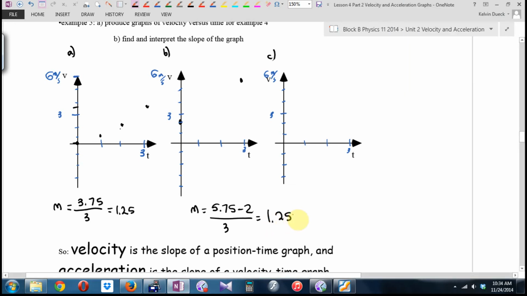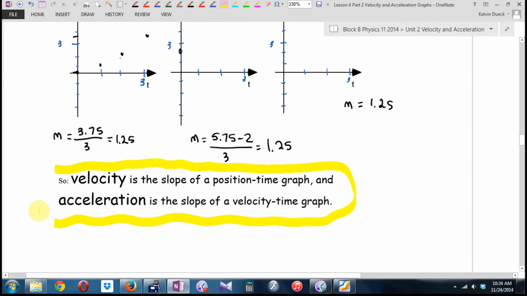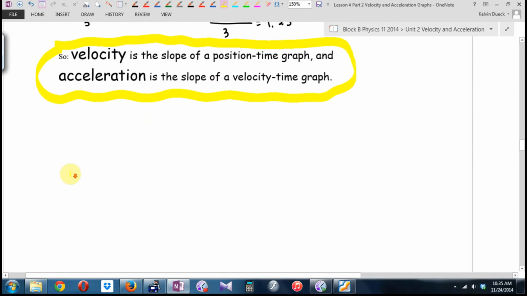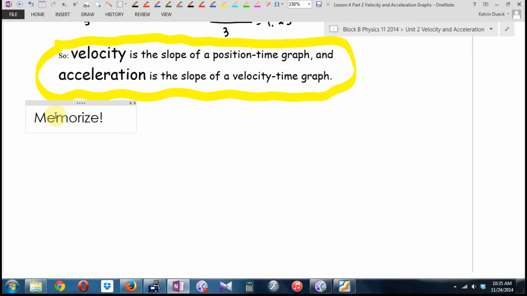We're not going to bother doing C, but can you tell me what the slope of C is based on the data without actually doing any arithmetic? So, much like I highlighted a key idea in the previous lesson, well, no. Put your pencils down.